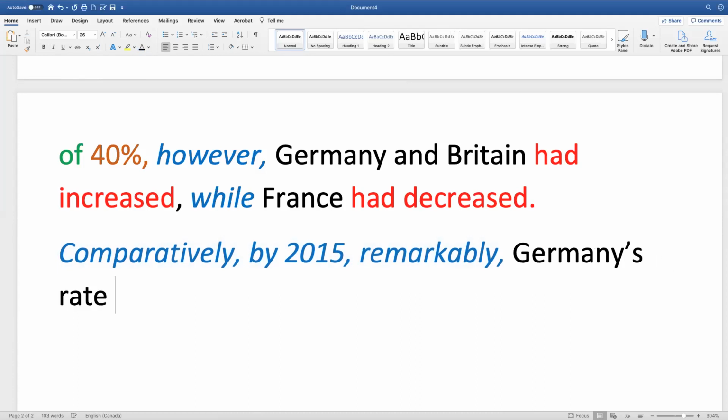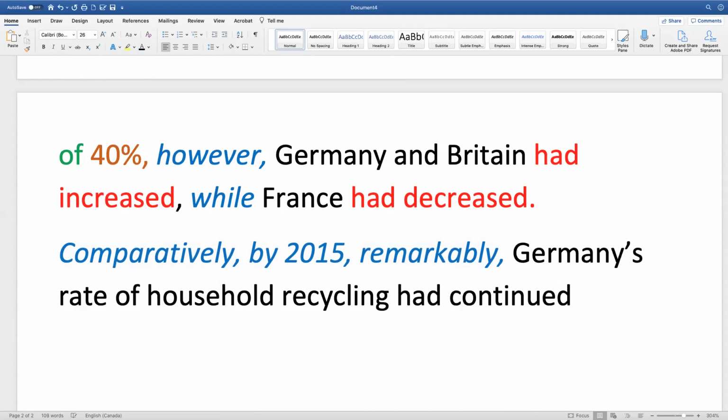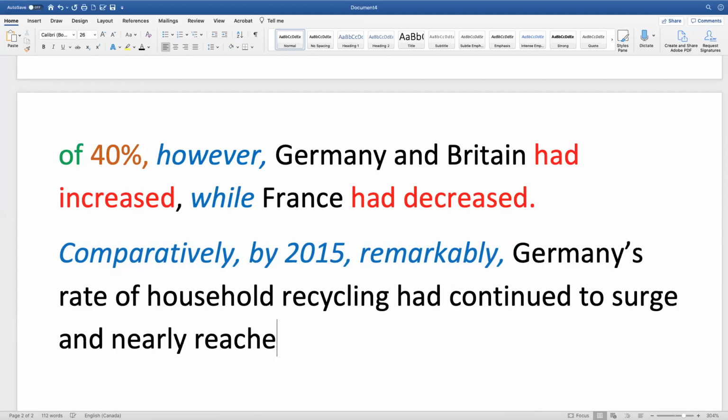Germany's rate of household recycling had continued to surge and nearly reached 60%, which, well, I'm saying had continued to surge because I mentioned it here, 40%.